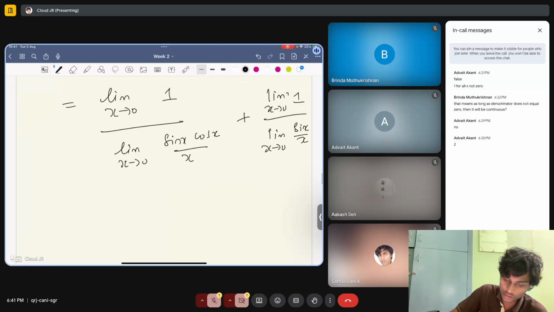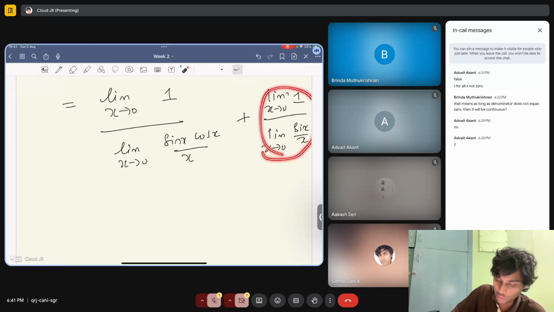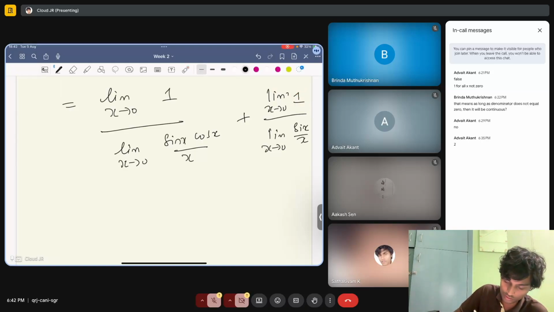If you look, this part is very easy to compute. The limit as x tends to 0 of 1: 1 is a constant, so this is 1. The numerator is 1. The denominator is the limit as x tends to 0 of sin x by x, that is also 1. So you have 1 here. If you look here, this is also 1.